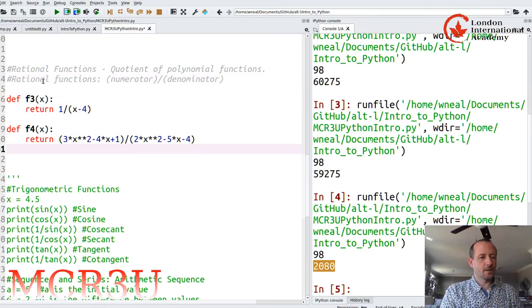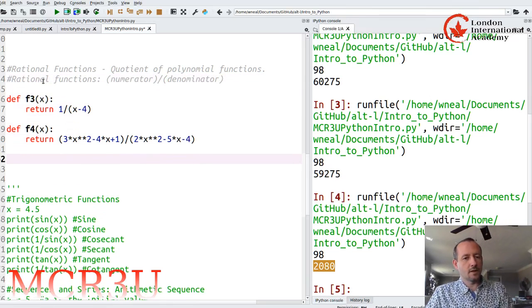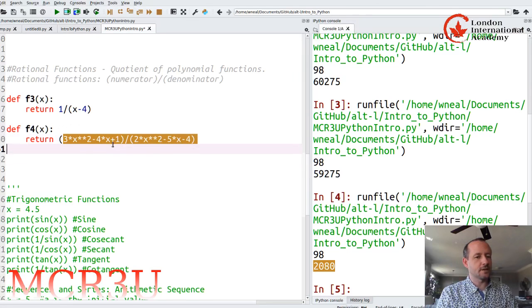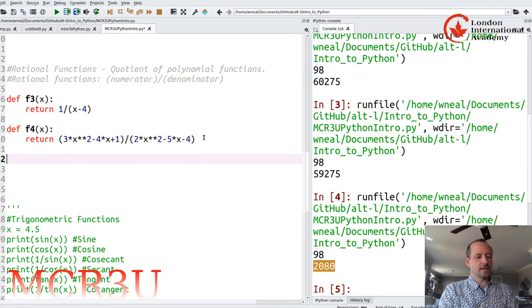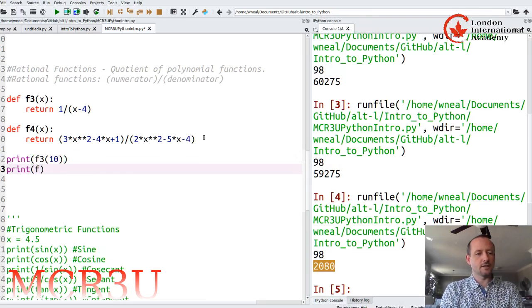There we go. And so here we have function 3, 1 over x minus 4, and function 4, 3x squared minus 4x plus 1 over 2x squared minus 5x minus 4. And just like above there, we can just print f3 at 10, and maybe print f4 at -1.